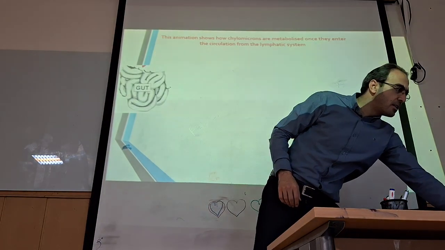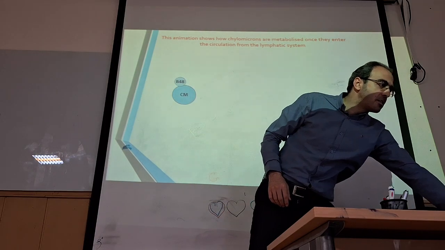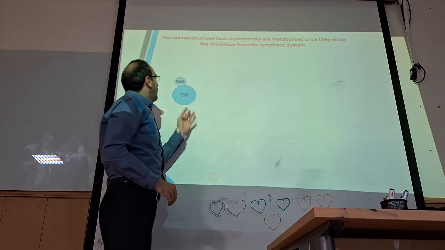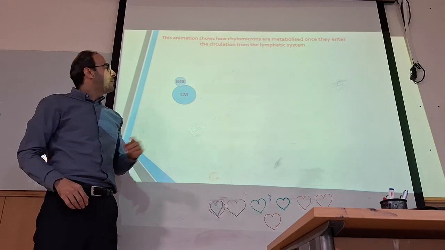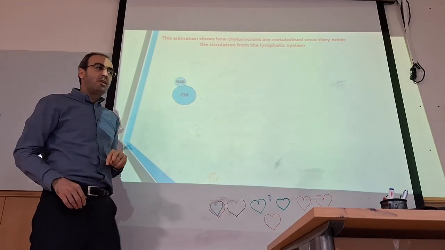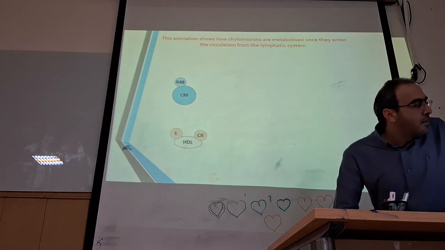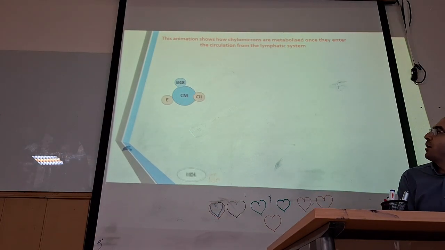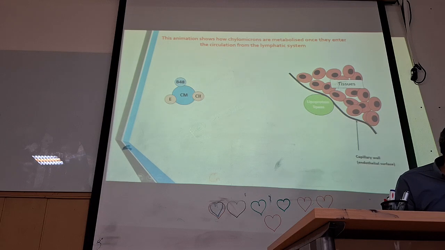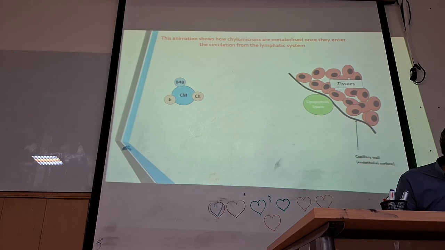But let's look at this in detail. Here we have a nascent chylomicron, which contains just ApoB48. Then it picks up ApoC2 and E from HDL.